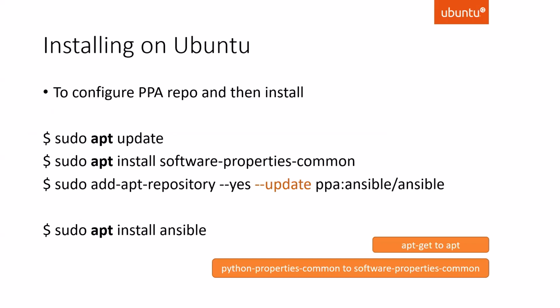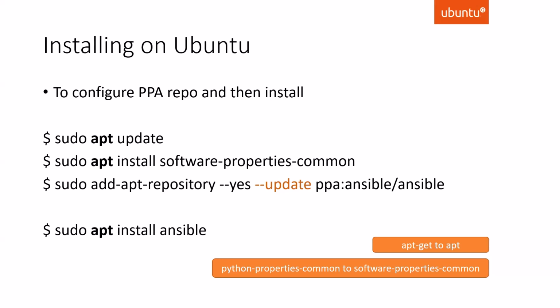To configure the installation on your Ubuntu system, the first thing we have to do is update the repository. apt update will do the basic system-level update, and we can also install software-properties-common, which will give all the required repositories available on the internet and the latest versions on Ubuntu.